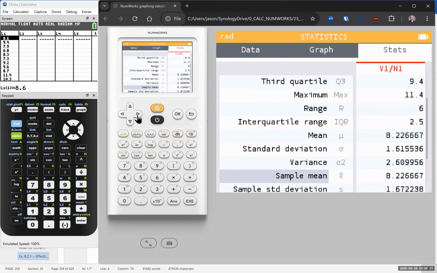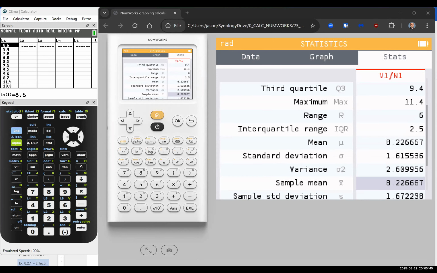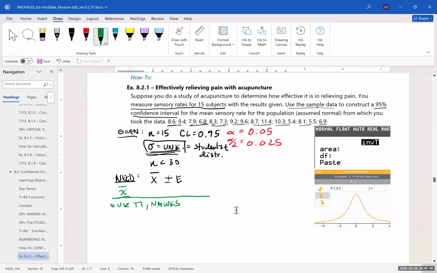So that's 8.227. Okay, so I'm going to put 8.227 there. So we know by using both calculators.